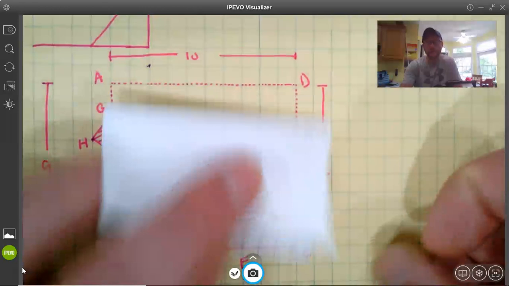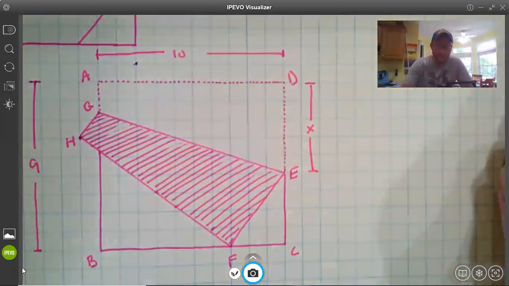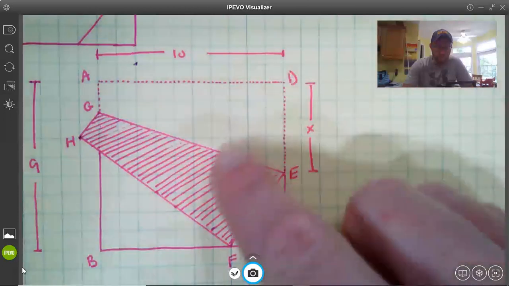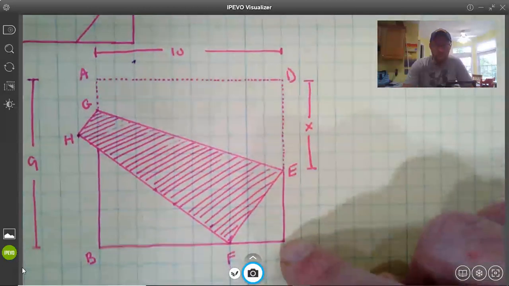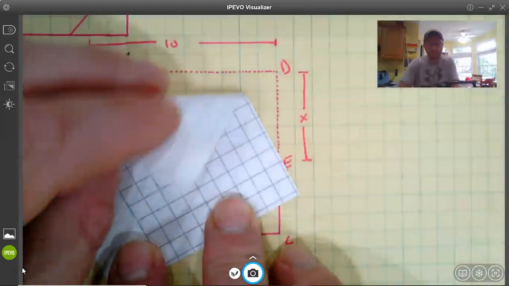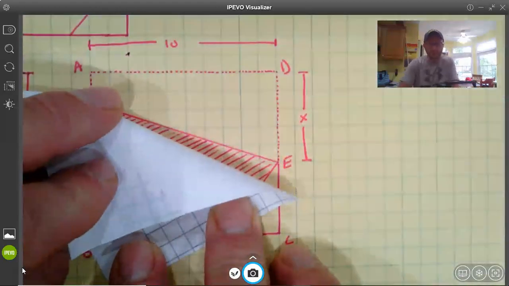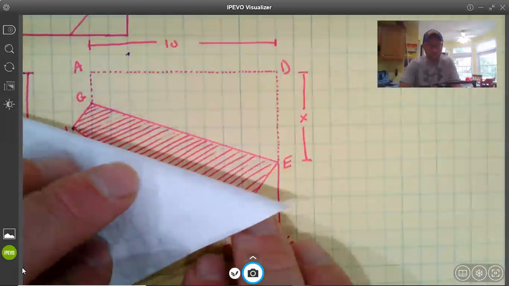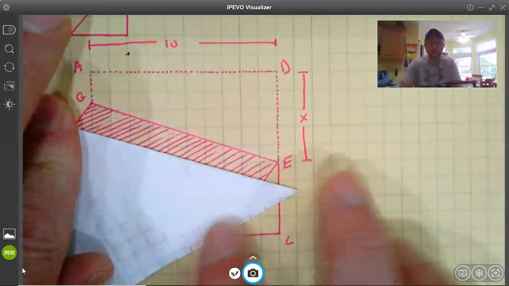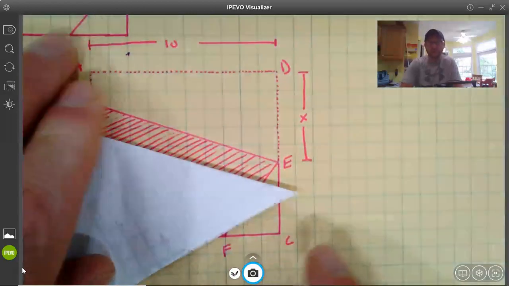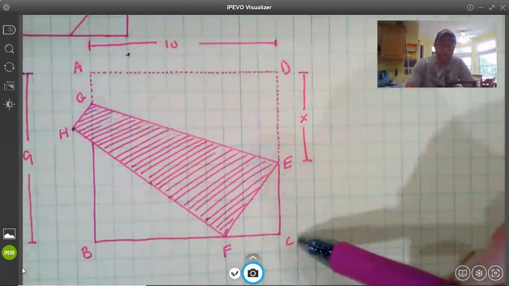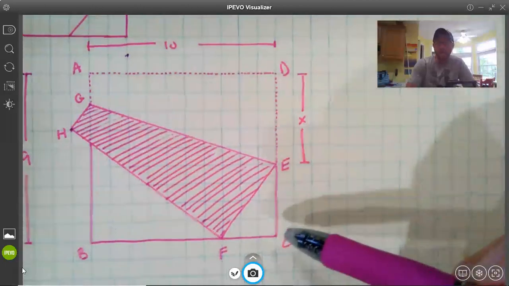So 4.5 is the minimum. And the maximum I could fold it down would be if I made the fold all the way down here at C, as if we're folding the paper into almost a triangle shape. That's the other point where there's no triangle at all down at the bottom. So the maximum I could make X is all 9 spaces.